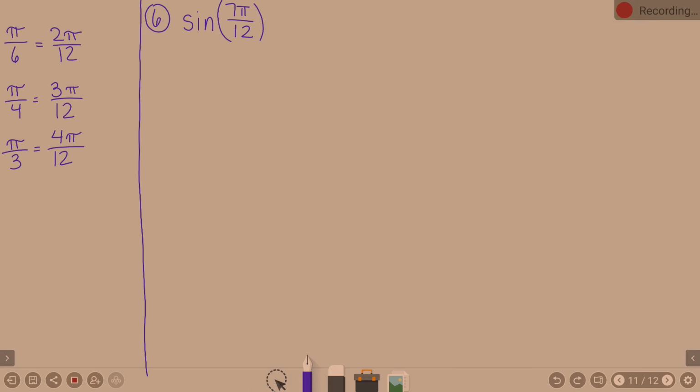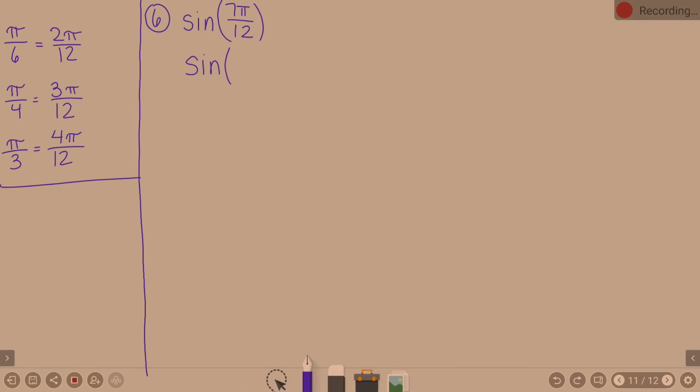Now, with that in mind, can you give me 2 angles that we know something about that add up to 7 pi over 12? Okay, that's where I'm going to recommend you have this list beside you, because this list of angles is going to help. So I can take 7 pi over 12 and split it into what 2 angles?